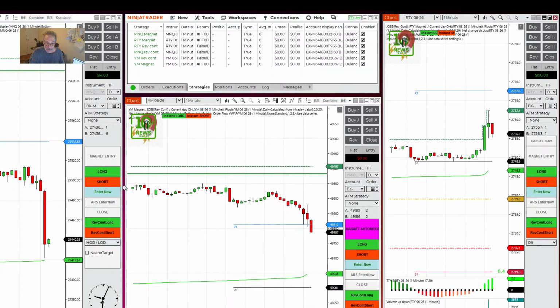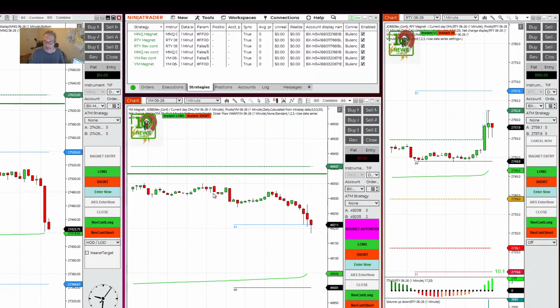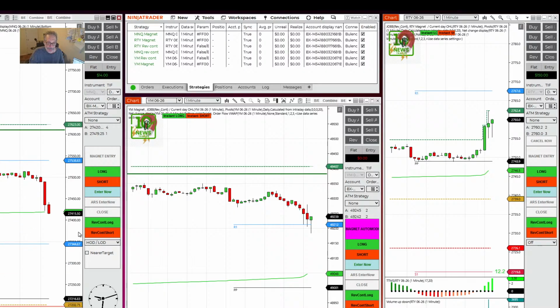RTY. These markets feel as bullish as they are, they feel like they want to sell off. We have an MNQ magnet that's down over 100 points already.